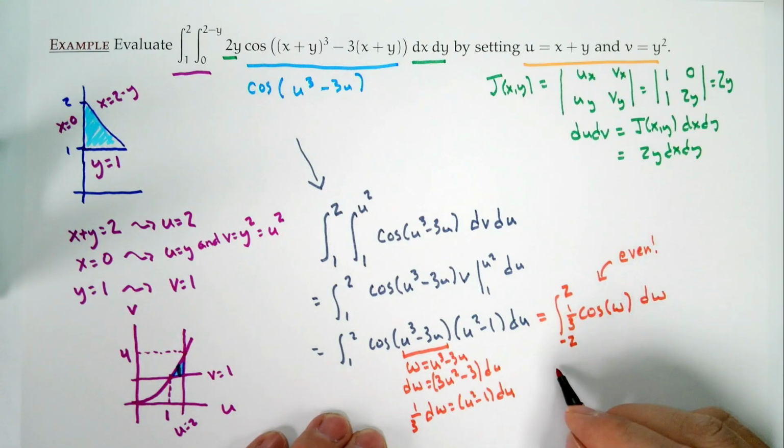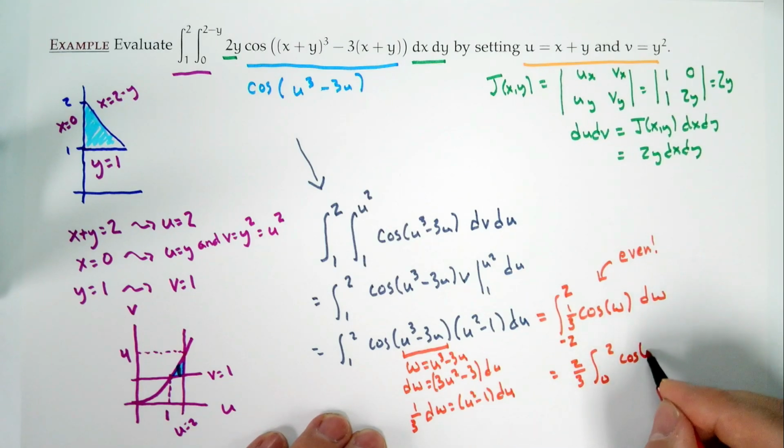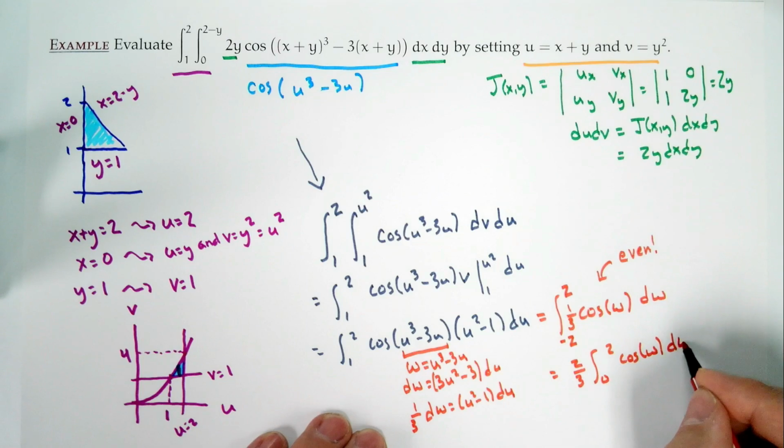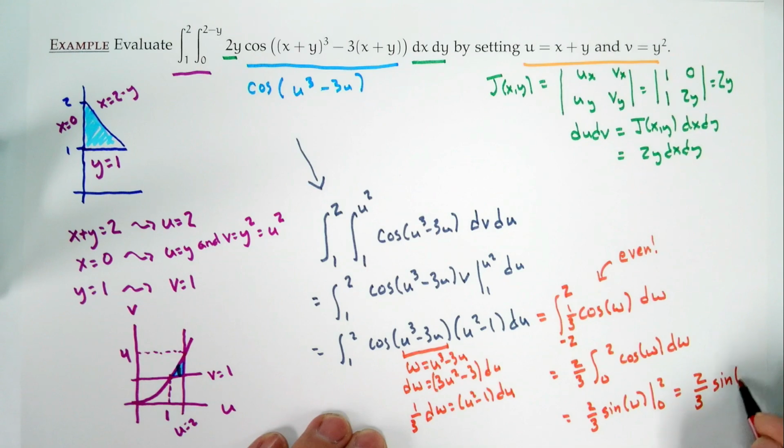Well, it means we can just double and go from 0 to 2. And now we're in the home stretch. Integral of cosine is sine. So this is 2/3 sine of w, evaluated from 0 to 2. And sine of 0 is 0, which means our final answer is 2/3 sine evaluated at 2. And that's it.